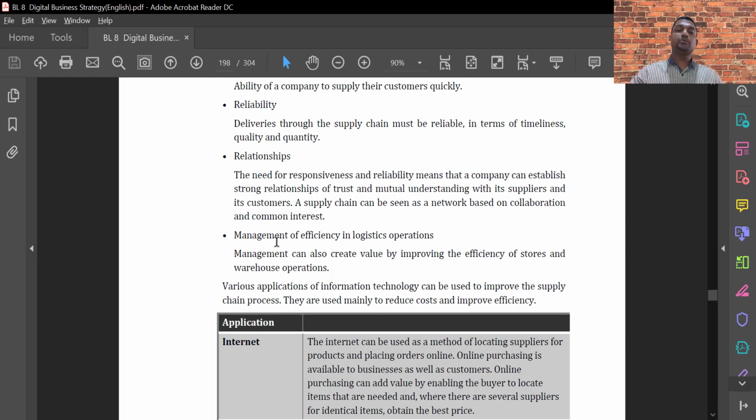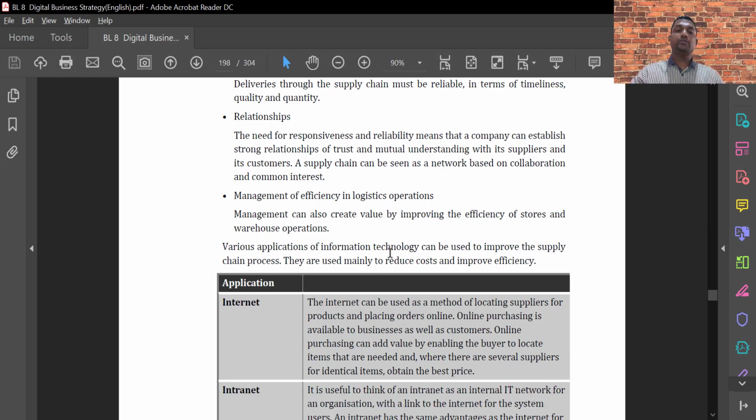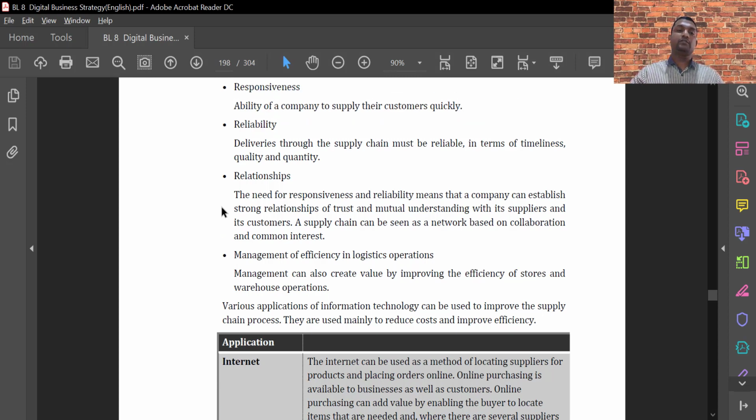The fourth one is management of efficiency in logistics operations, because it matters that all these actions are expedited in a given time frame. Management can also create value by improving the efficiency of stores and warehouse operations so that the supply chain works smoothly.